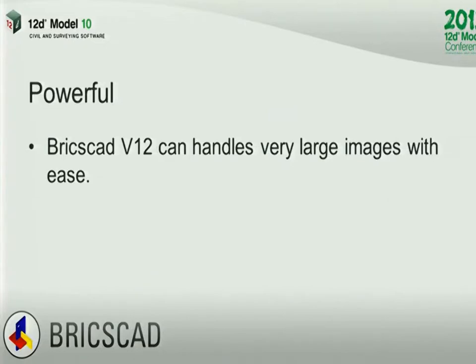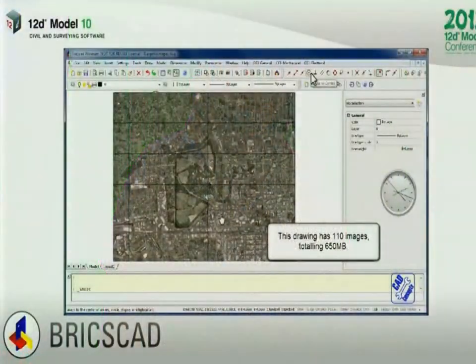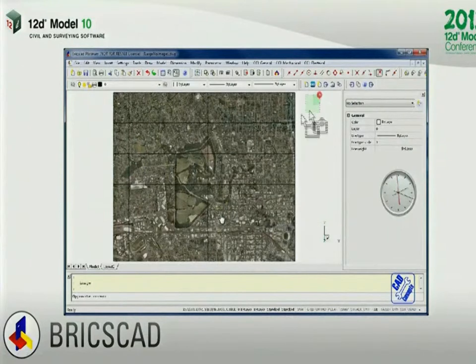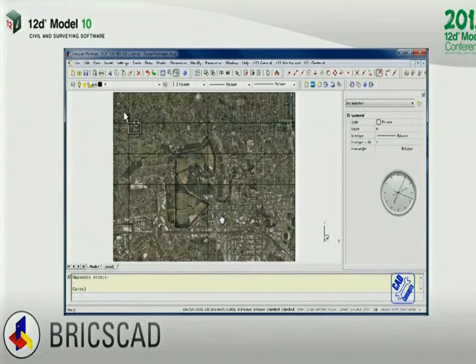Okay, it's powerful. In the area of graphics, it's been vastly improved with version 12. I mean, this is a very large image of Christchurch, and once the image is loaded, you can quite quickly zoom around and manipulate and work with the drawing.